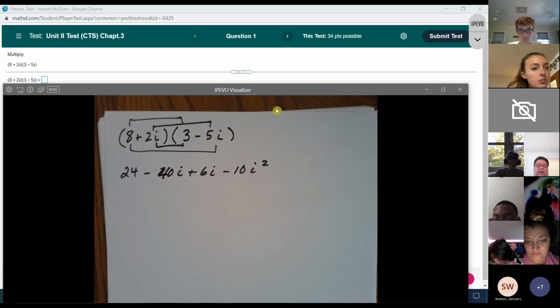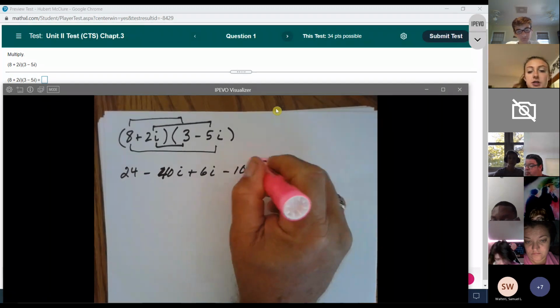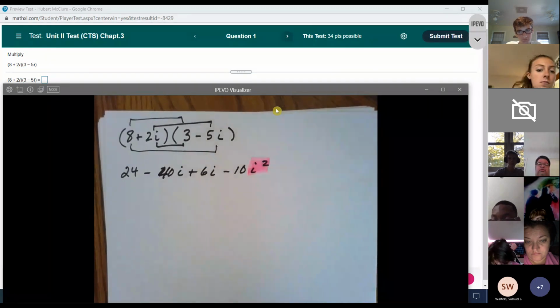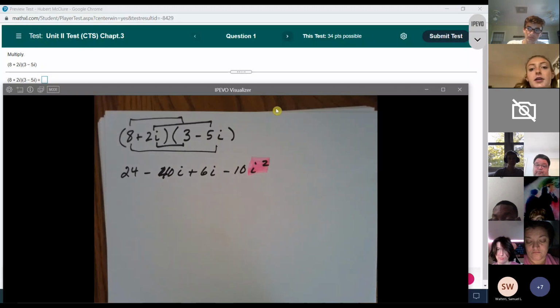Somebody tell me why I'm highlighting i squared. Because it turns into what, somebody? What does i squared turn into? -1.